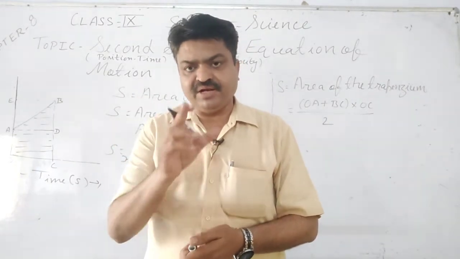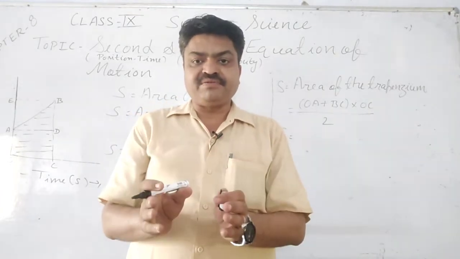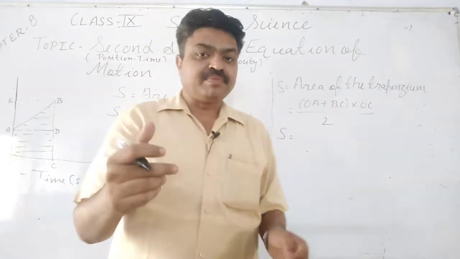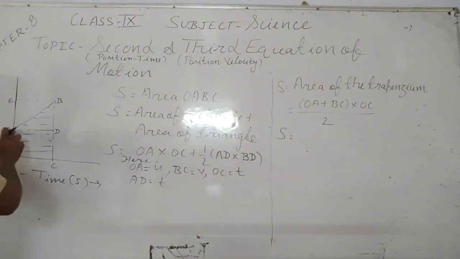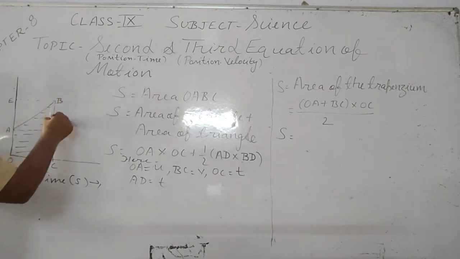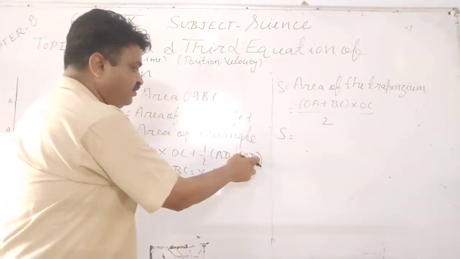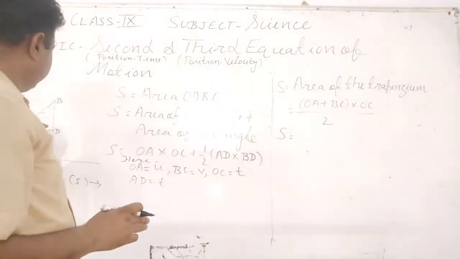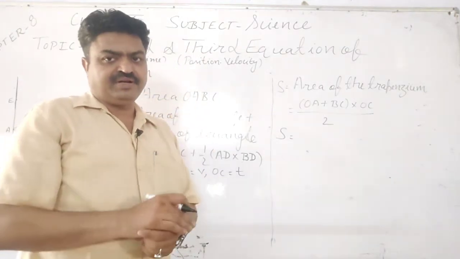We get the area of a triangle with a simple formula: half multiplied by length multiplied by height. Here AD is the base and BD is the height, so it is half AD into BD. With the help of this formula we will get the area of the triangle.